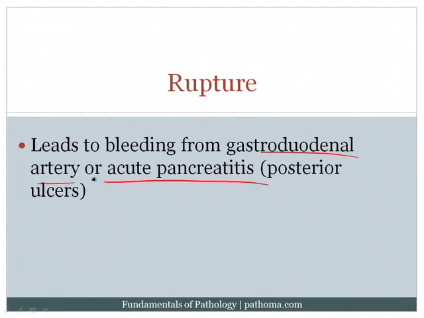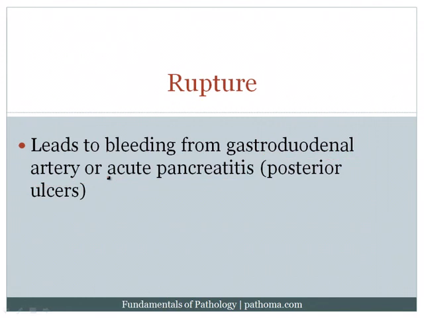Why don't I take a step back and remind you that you can have ulceration on the anterior wall or the posterior wall. The most common site would be the anterior wall. However, were it to occur along the posterior wall, the complication would be that you could get rupture from the gastroduodenal artery. That's because that runs at the posterior aspect of the duodenum, or you could actually activate the pancreas and the pancreatic enzymes and create an acute pancreatitis.